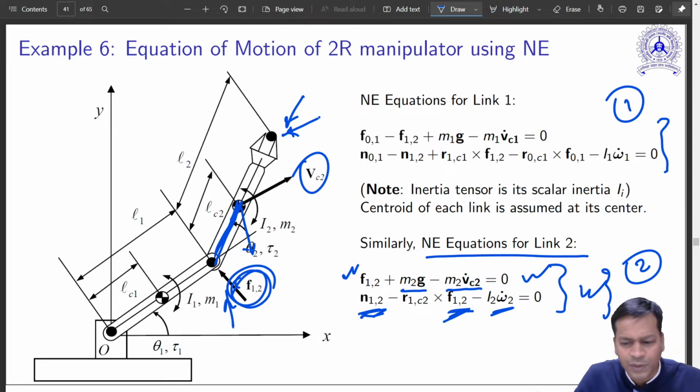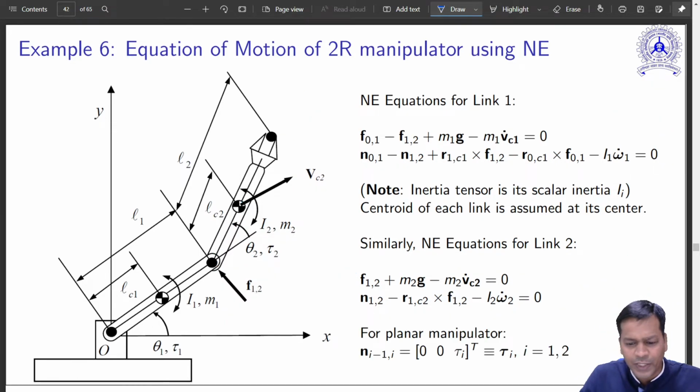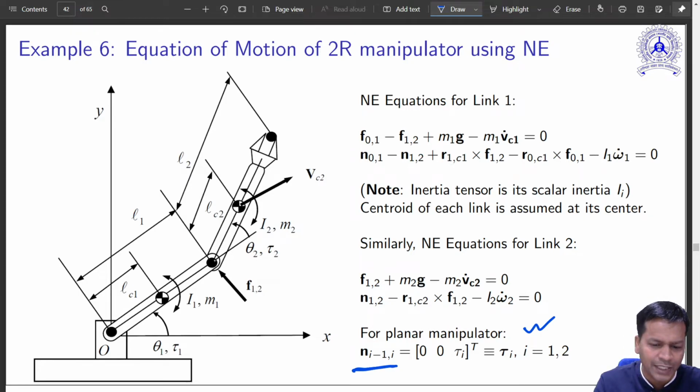This is just the Newton-Euler equation. For a planar system, for a planar manipulator like this, moment is equal to torque because it is exactly at this axis. It is not a three-dimensional vector. So I can simply write N(i-1,i) as 0, 0, tau 1. It is now in terms of a vector.